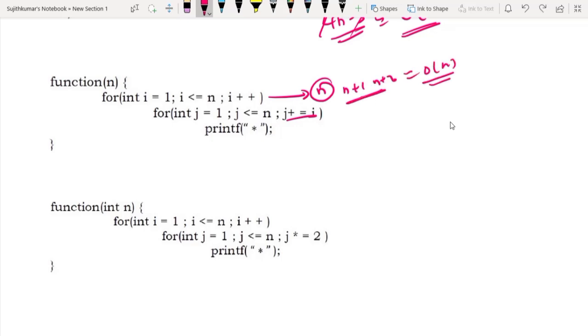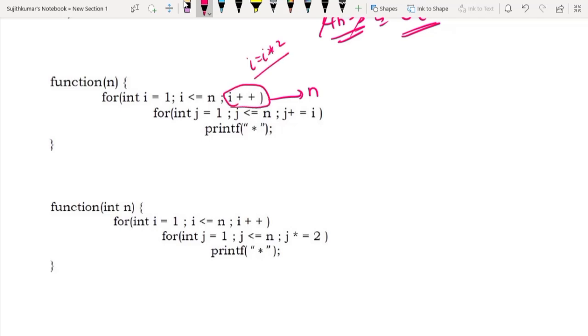Anyway, we're going to ignore all the constants while finding the big O, so let me take n alone. If you have a single for loop, it will execute n times, that's it, except for special conditions like i equals i into 2, where it will execute log n times. I hope you remember that.